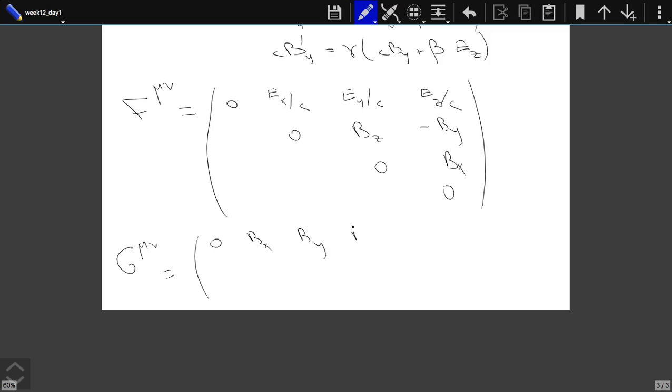Well, the other choice is this one. Zero, Bx, By, Bz, 0, minus Ez over c, Ey over c, 0, minus Ex over c, 0. Well, it's not a big deal, no great surprise that we ended up having two possible tensors which can contain our electric and magnetic fields.